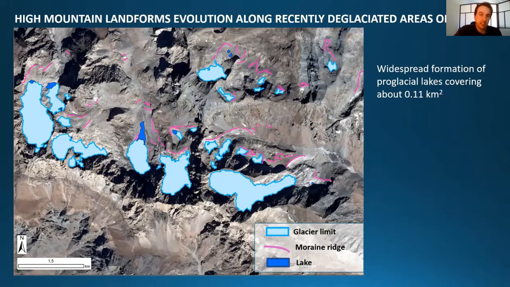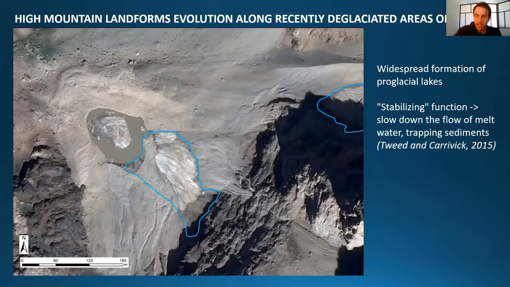The presence of glacial lakes is very important for the stability of this area. In fact, glacial lakes here, where there is no herbaceous vegetation, have a stabilizing function. They slow down the flow of meltwater, trapping sediments.